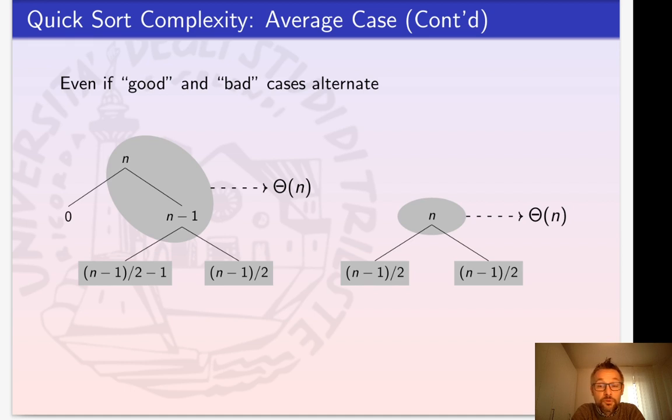So it is possible to do something better than insertion sort. But actually, if you look at the situation more closely, insertion sort still outperforms Quicksort in the best case scenario, because we get a linear complexity with respect to the length of the array, while here we are getting n log n complexity.